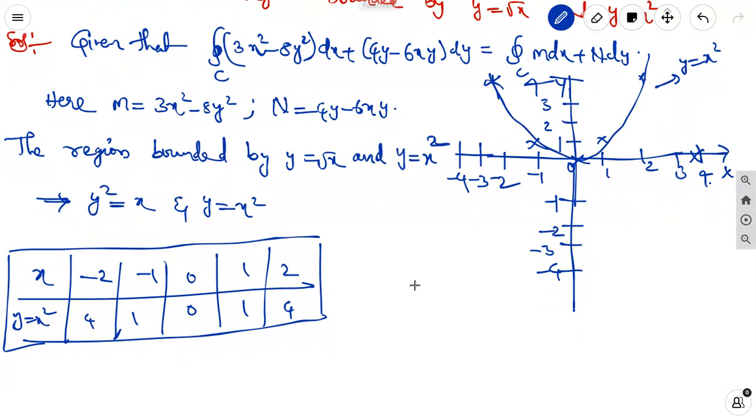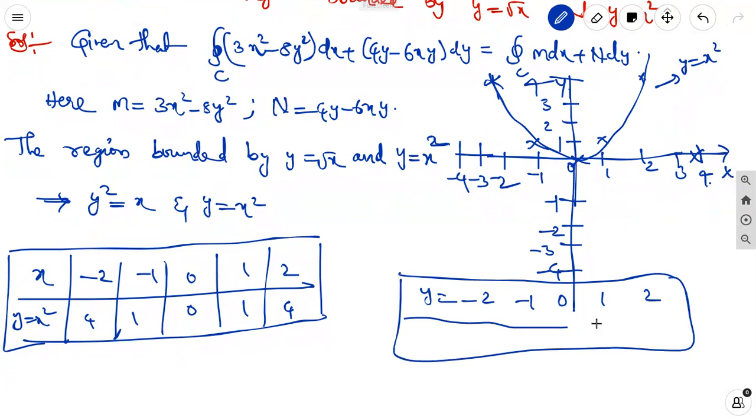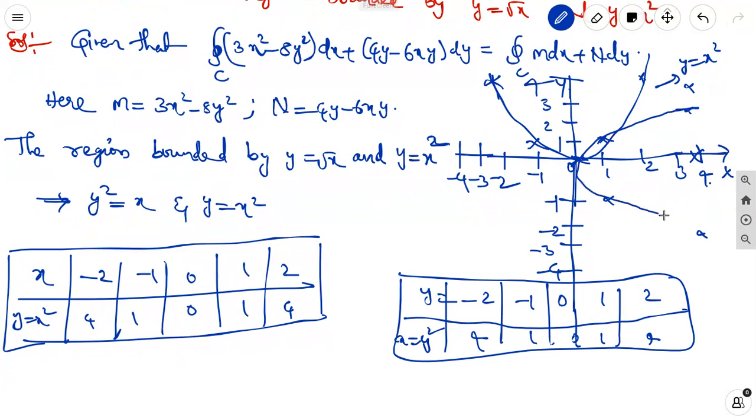For the other one, we take y = −2, −1, 0, 1, 2, with x = y², giving 4, 1, 0, 1, 4. For y = −2, x is +4; for −1, it is 1; for 0, it is 0; then 1, and 4 for y = 2. We get the curve like this.